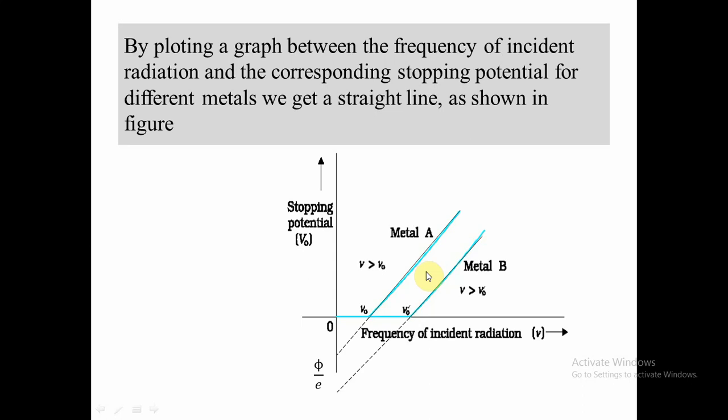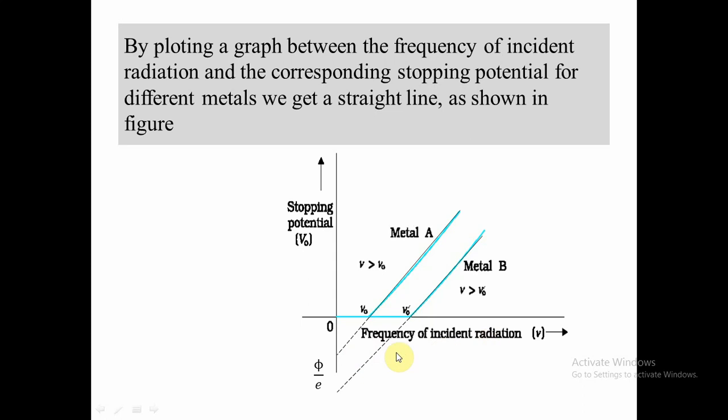Next, by plotting the graph between the frequency of the incident radiation and the corresponding stopping potential for different metals, we get a straight line as shown in the figure. Here we have chosen different metal plates, metal A and metal B. For these there are different cutoff frequencies.